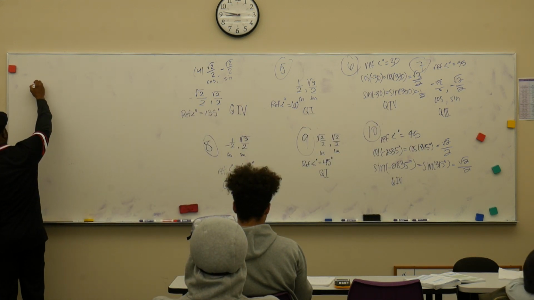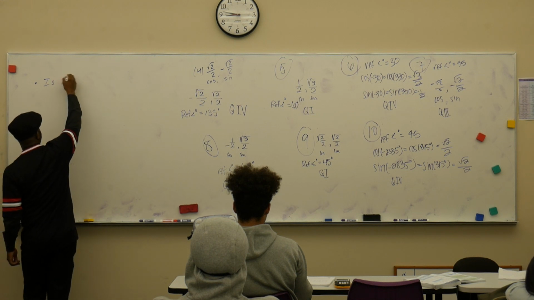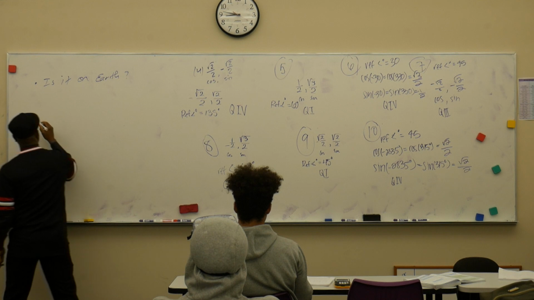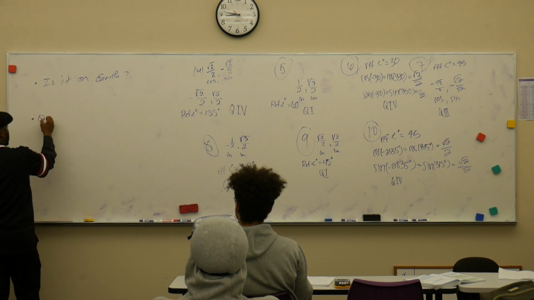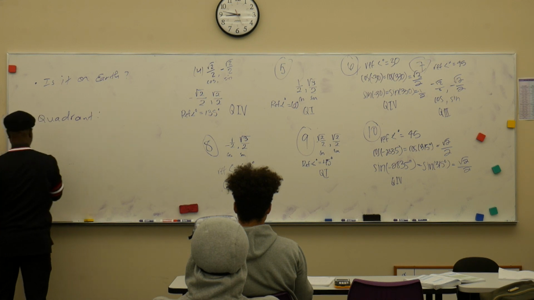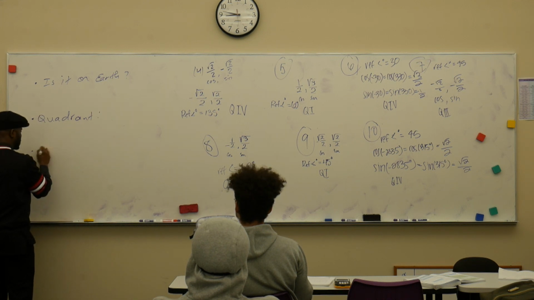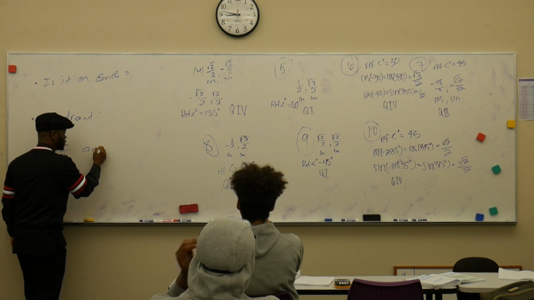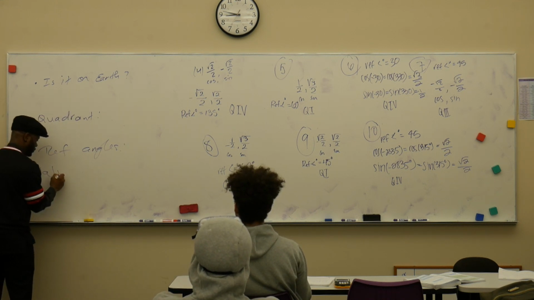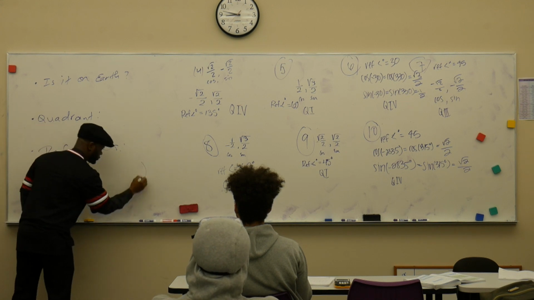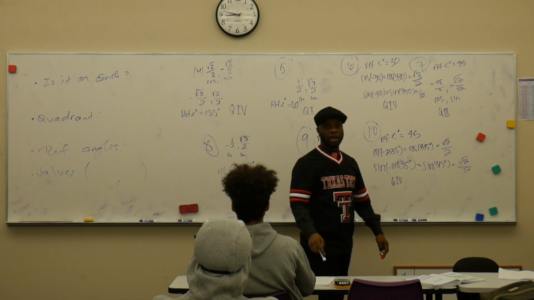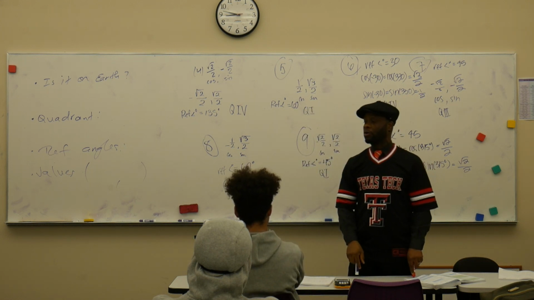So the first question is, and then the second question is which quadrant, and the third question is reference angles, and then the last one is just the values. Okay? So 2,115 degrees, is that on Earth?